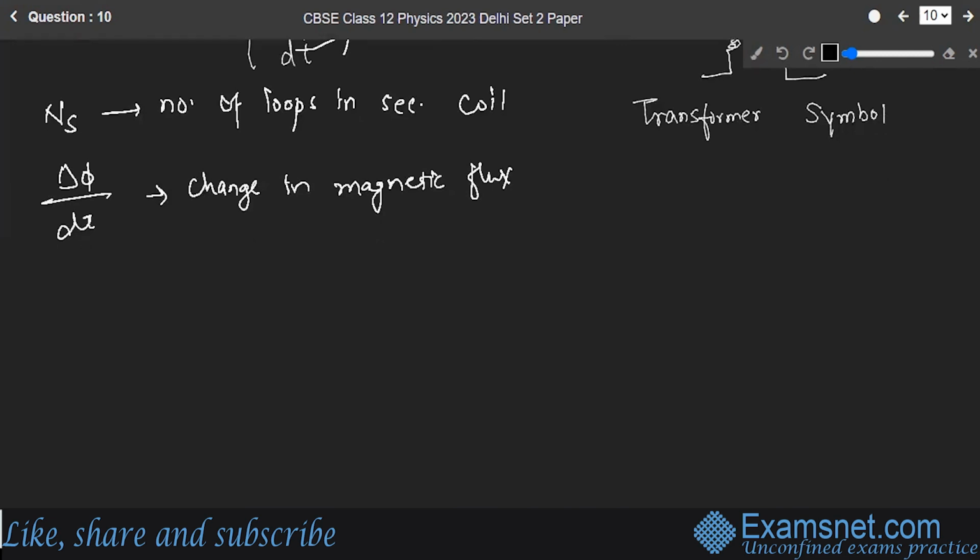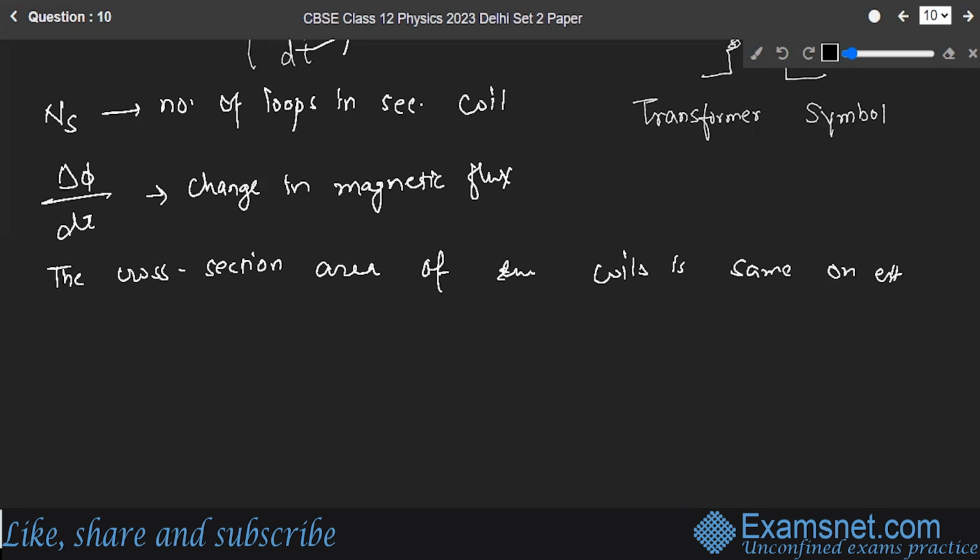And the cross-sectional area of the coils is the same on either side, as is the magnetic field strength.